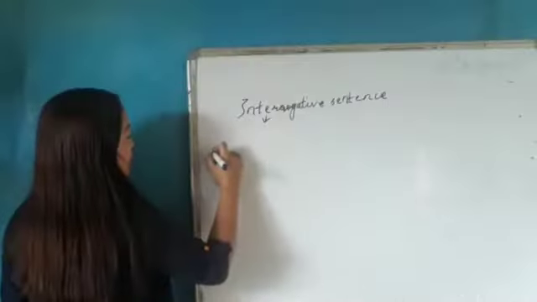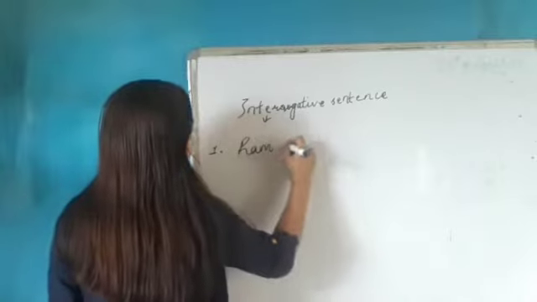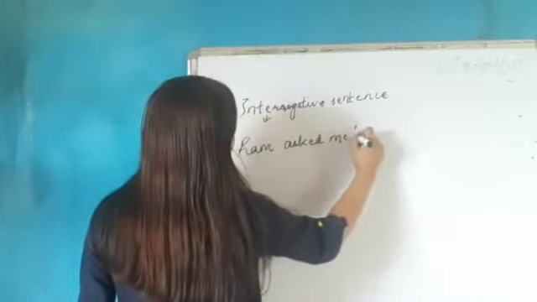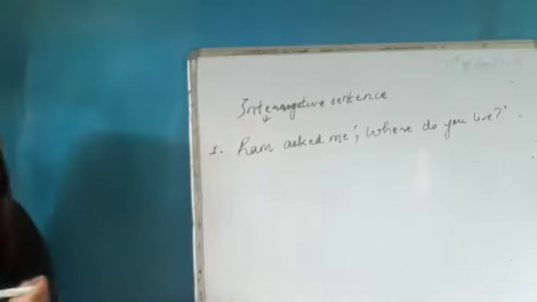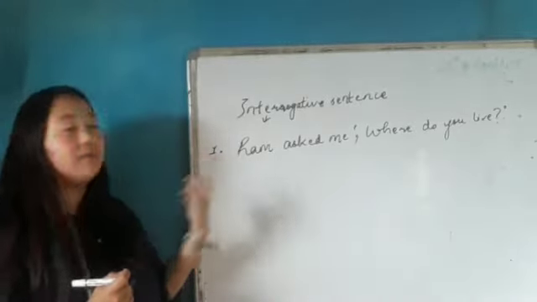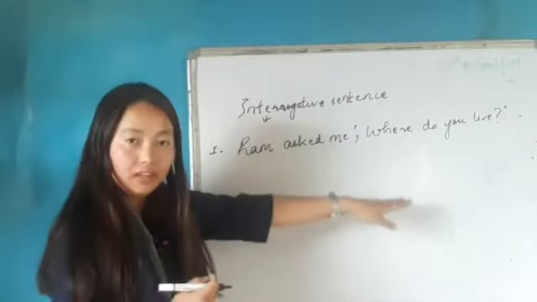So, we'll be doing our first example. Okay, so here, this is the interrogative sentence. Ram is asking me a question. So, Ram asked me, "Where do you live?"